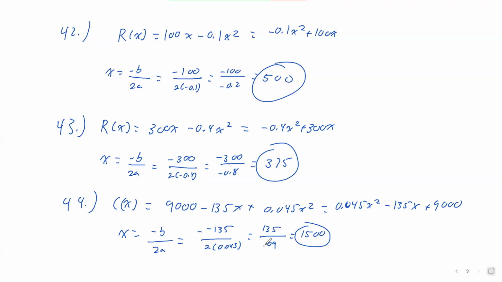All right, last question. Number 47. In this one, we're going to use the equation h of t equals negative 16t squared plus v naught times t plus h naught. Where h is the height, t is time, v naught is the initial velocity, and h naught is the initial height.